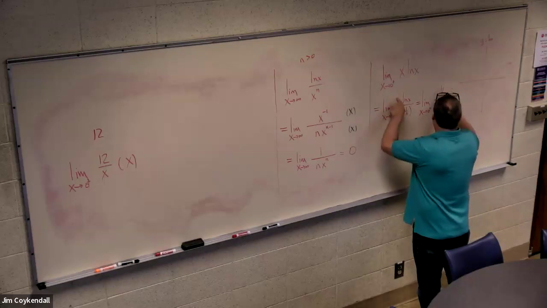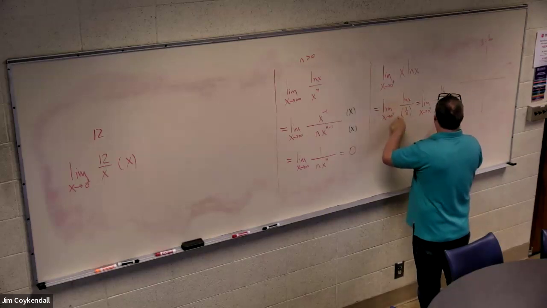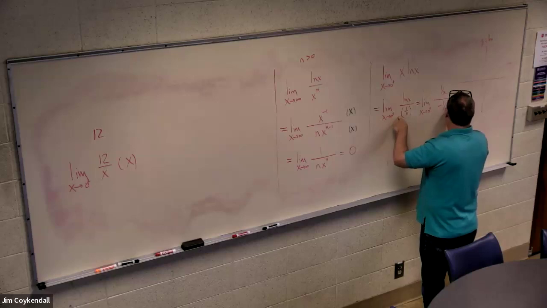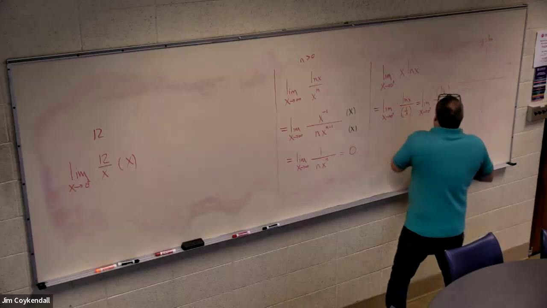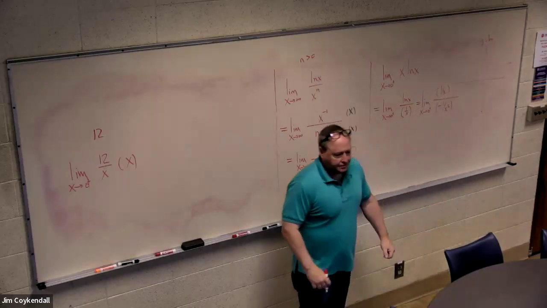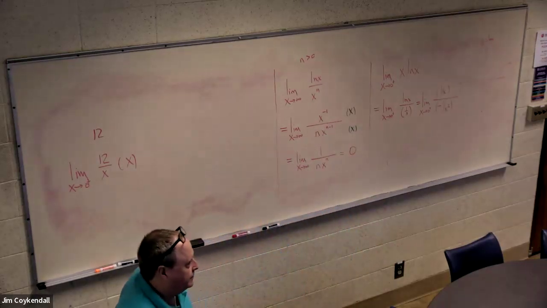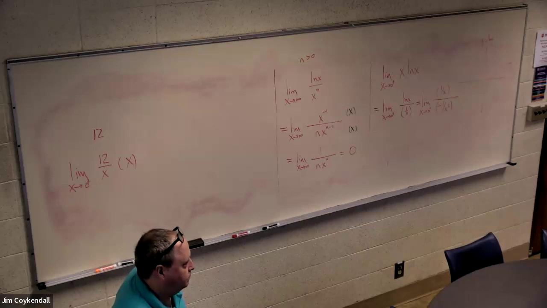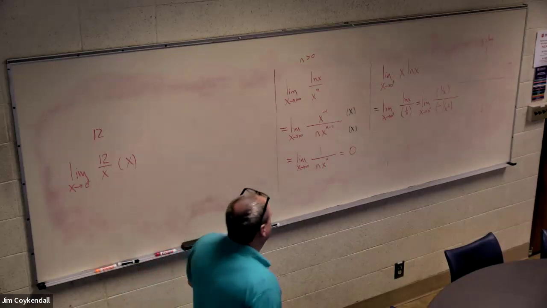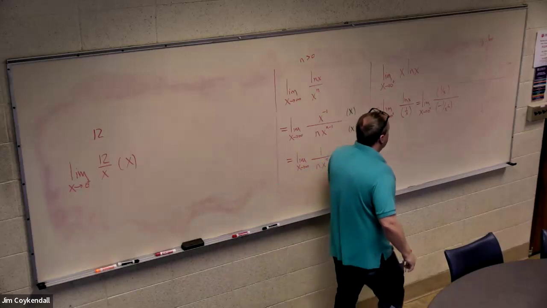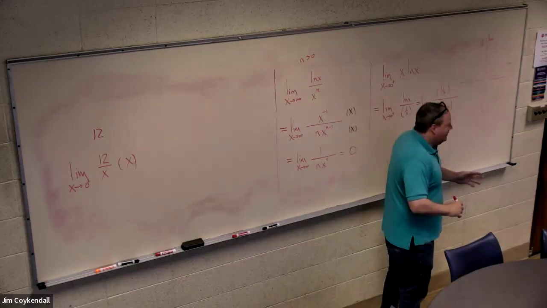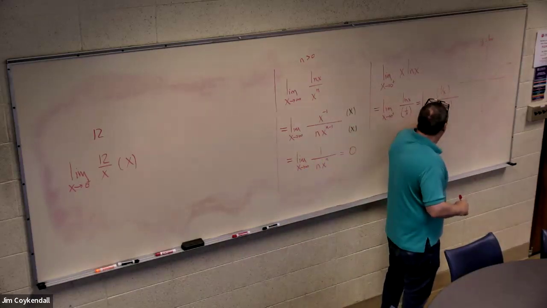Derivative of log is 1 over x. Derivative of 1 over x is minus 1 over x squared. Everybody okay with that? Now this is going to infinity over minus infinity.